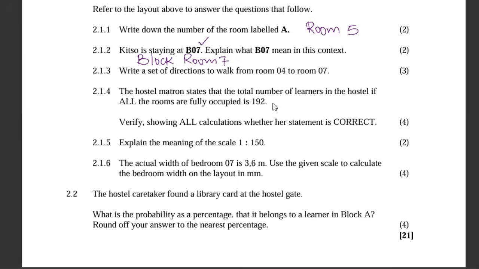Remember, they said they have 12 blocks. Each block has 7 rooms, but for us, we shall start with 6. Multiply by 3 learners. 6 rooms times 3, we get. Even before we added it, it's invalid. So we say it's what? It is incorrect. It's invalid.